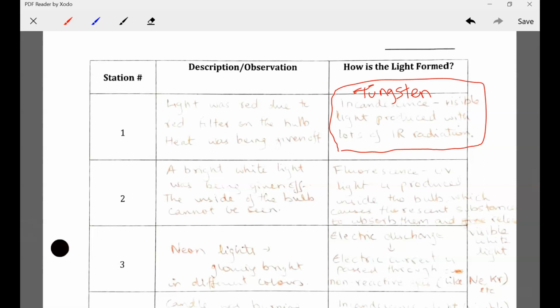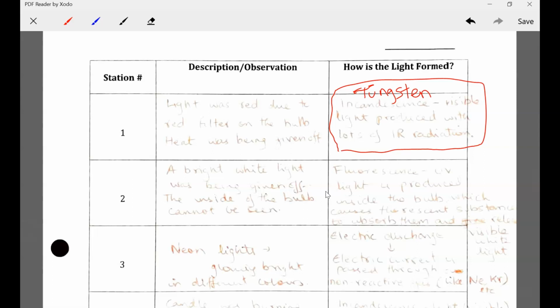as light. Number two, this was the fluorescent lamp, and you could tell because it was a very white light, and you could not see inside the bulb. It's a kind of foggy substance, and that's because there's mercury inside there, which produces UV radiation due to electricity being passed through it.